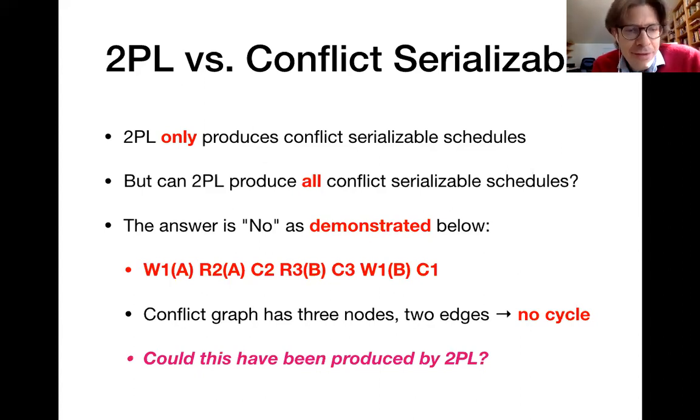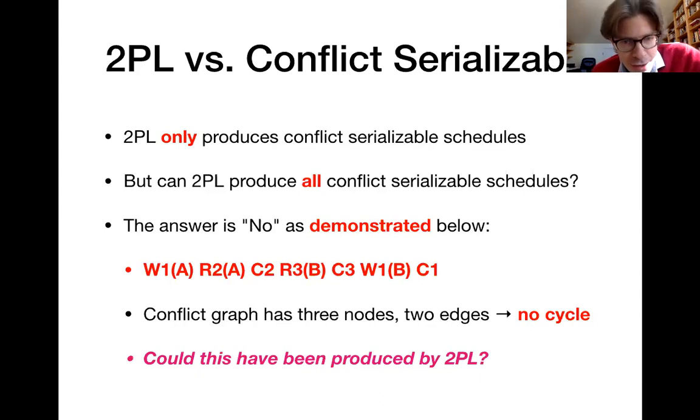Now, immediately after that, transaction 2 seems to be reading from object A. That means transaction 1 must have given up the write lock on A, because otherwise the read would not be permitted by a different transaction. So clearly, between the first step in the schedule and the second step, transaction 1 must have given up the lock on A.